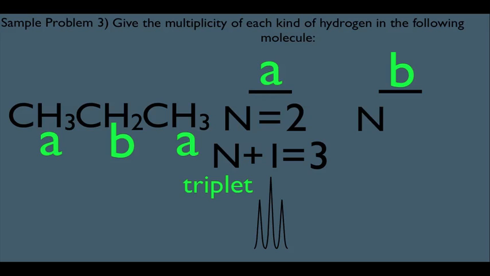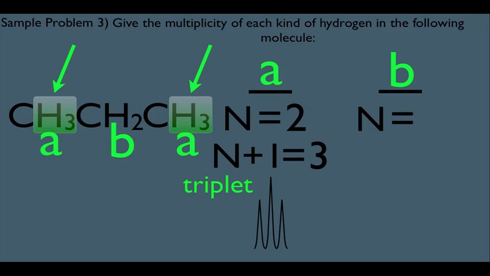So let's look at the molecule here. These are the B hydrogens. They're directly connected to this carbon right here. But notice in this particular case, this carbon technically has 2 neighbors, one on either side, which makes these right here B's neighboring hydrogens. And how many are there? Well, notice 3 on the left, 3 on the right, makes a total of 6 neighboring hydrogens for the B hydrogens.